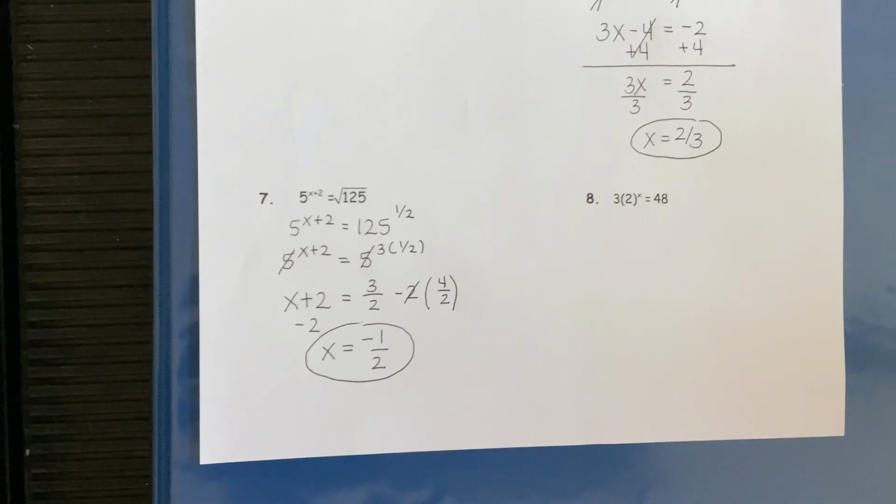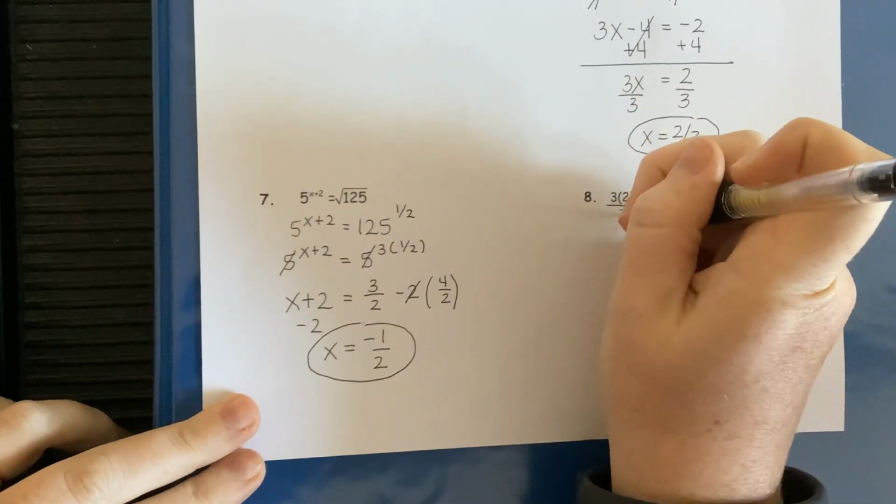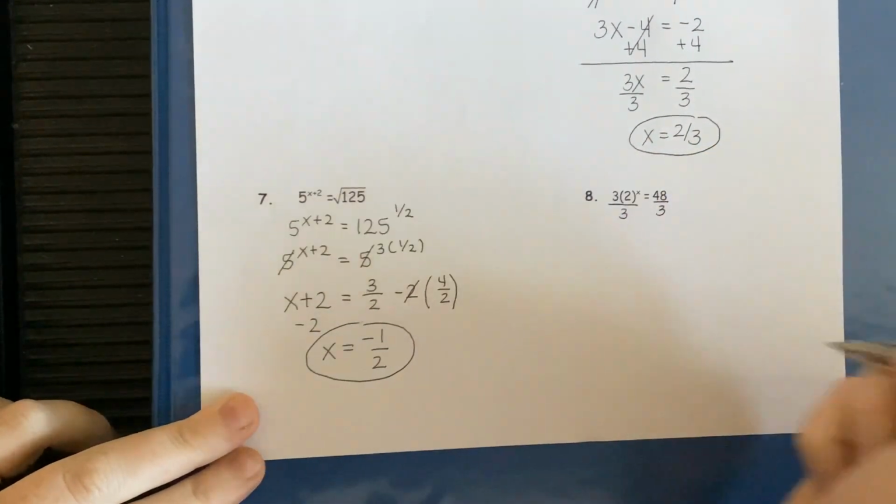And then the last one is one where we have a coefficient. So you have 3 times 2 raised to the x equals 48. When you're doing this, you can only have a number raised to a power equals a number raised to a power. So this 3 cannot stay on this side. So we're actually going to start by dividing by 3, dividing by 3.